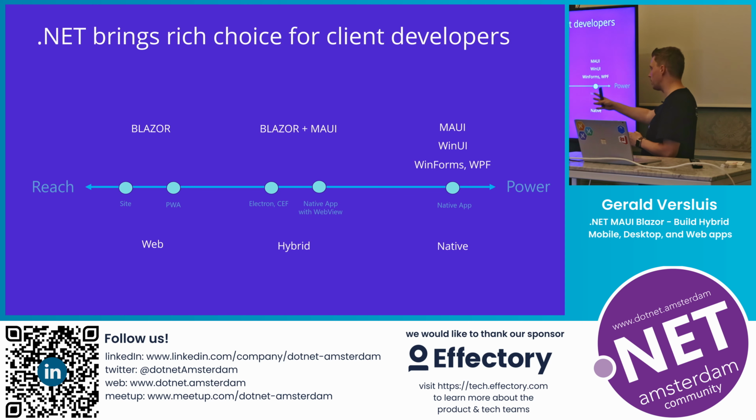So if you talk about when do I choose what, Blazor definitely for reach. If you have a web browser, you can run Blazor basically on your refrigerator, on your robot vacuum thing. I don't know. You can use Blazor everywhere. You can wrap it into a progressive web app if that's what you want. So if reach is your most important thing, definitely go for that side.